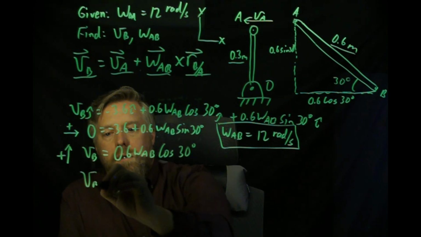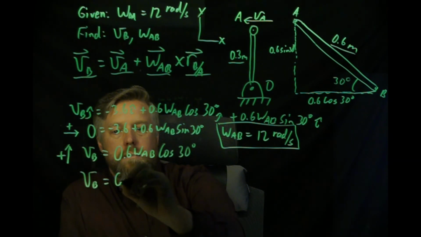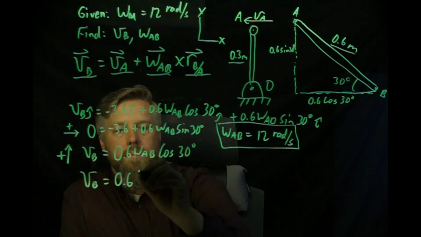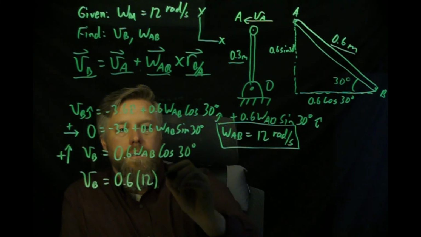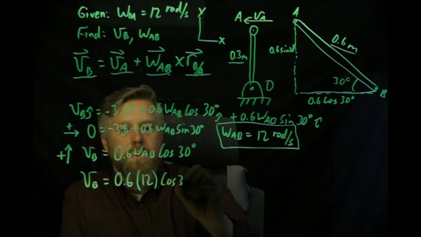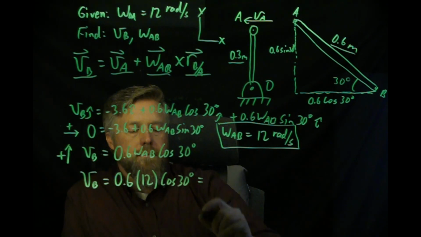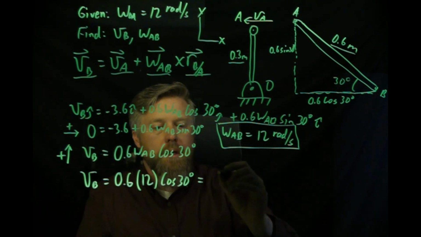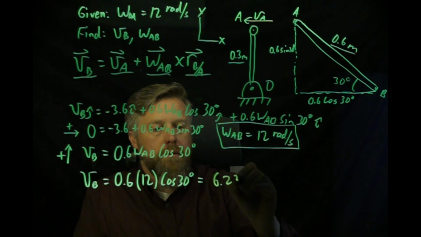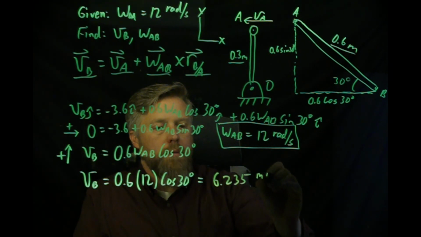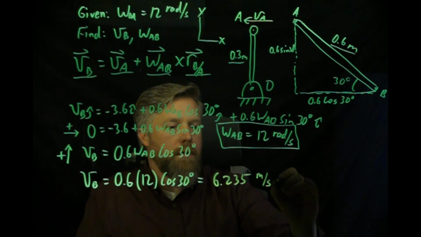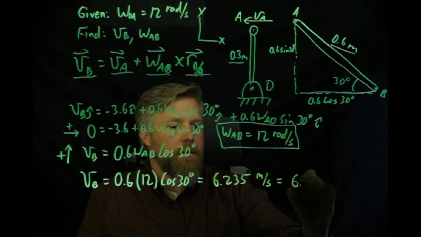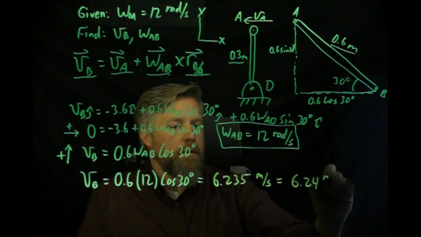So our V_B is going to be equal to 0.6 times our 12, which we solved for, times the cosine of 30 degrees. And we get 6.235 meters per second, or for your homework, 6.24 meters per second.